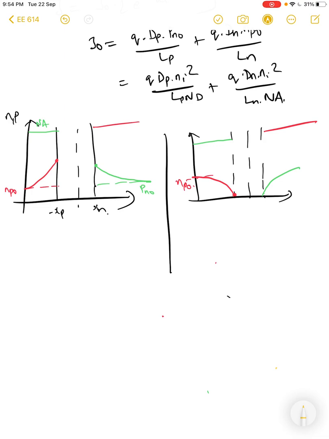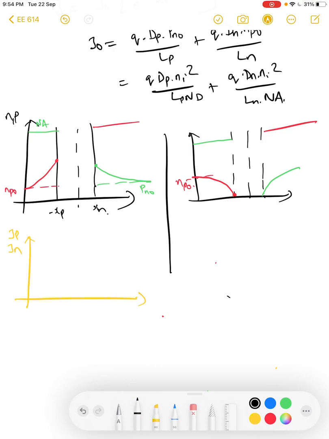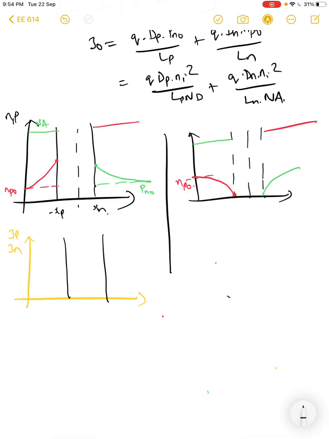We know that the currents are constant. The electron current, so I am drawing the current here, Jp and Jn, again at these two levels, minus xp and xn.